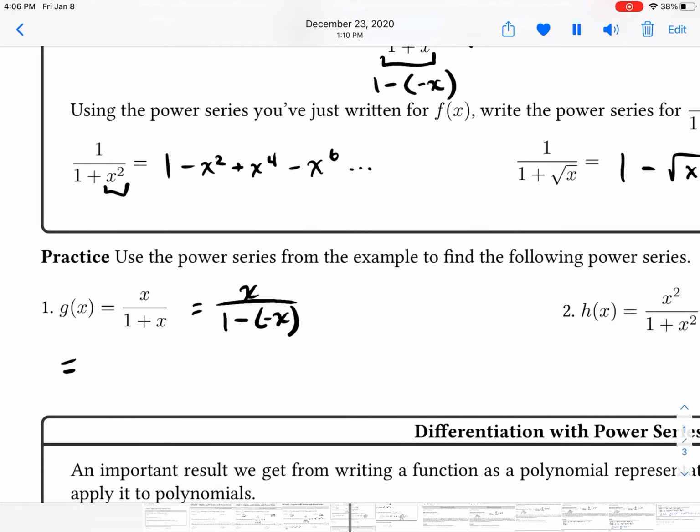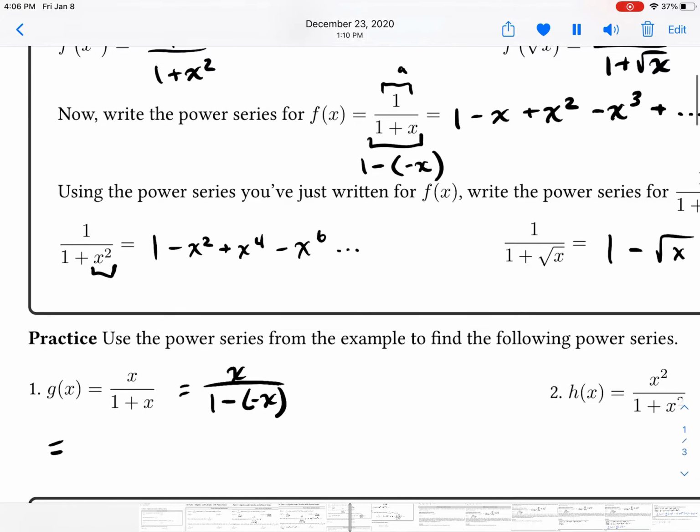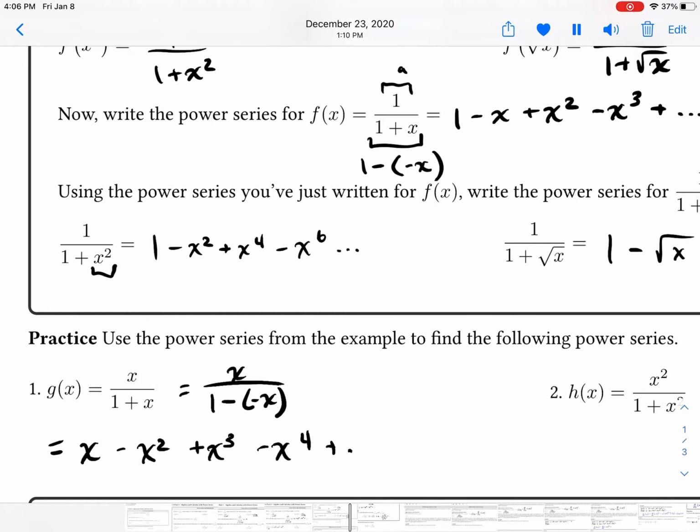So this is the previous series that we just had, but our first term is now x, and we're multiplying all of our previous terms by negative x to get the next term. So minus x squared plus x cubed minus x to the 4th, and so on.